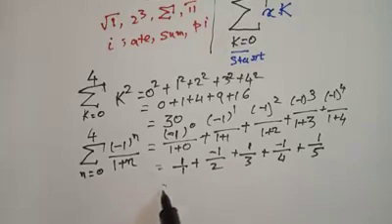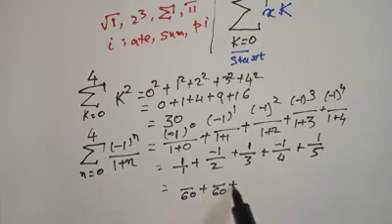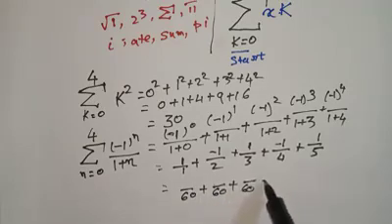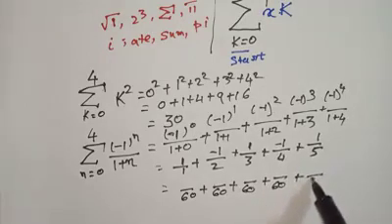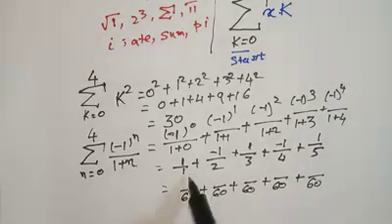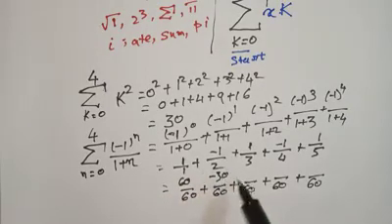So for example, I make the denominator the same, 60 plus 60 plus 60 plus 60 plus 60, right? And what I get in the numerator is 1, so 60 by 60, this would be minus 30, 60 by minus 2, yeah.